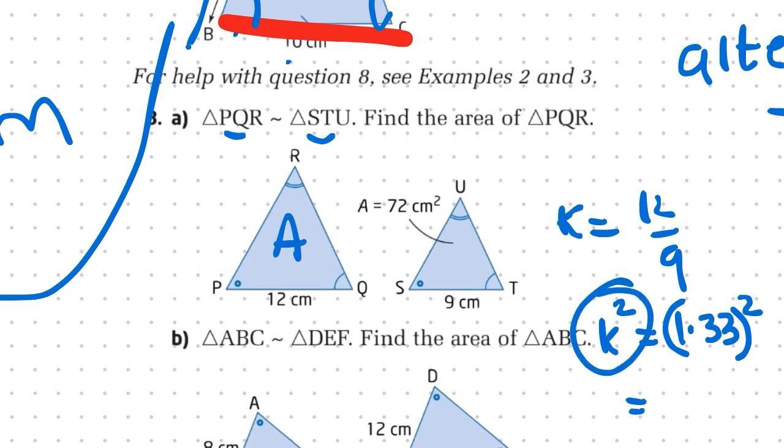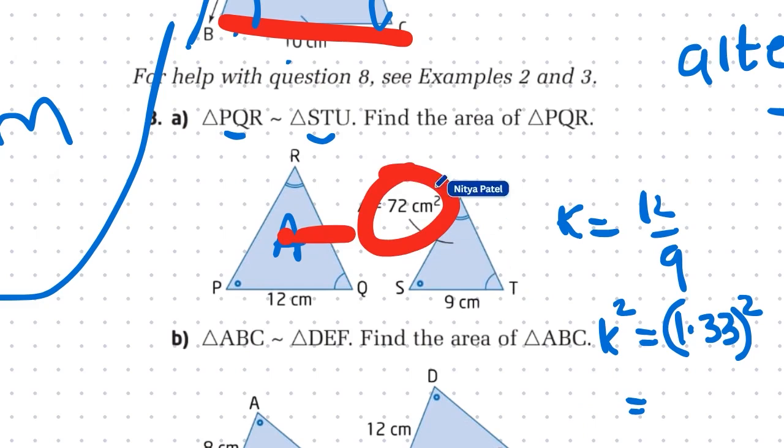We have a formula for k square. K square should be equal to ratio of corresponding areas. So which area by which area? Is it 72 by A or A by 72? How do we say that?